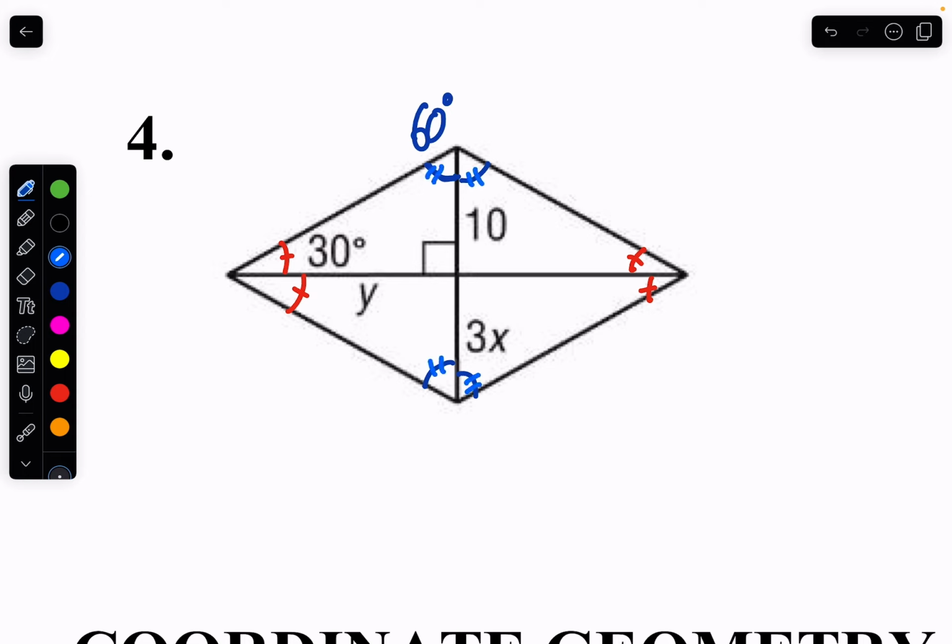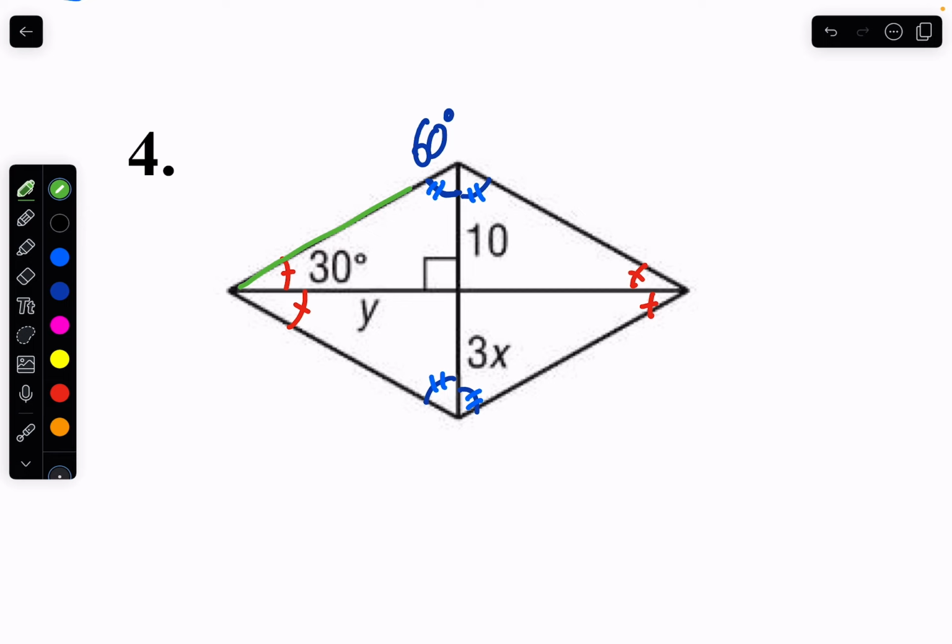Okay, now let's concentrate our eyes on this triangle right here. Let's call it the green triangle. And from the green triangle, I see 10, okay?